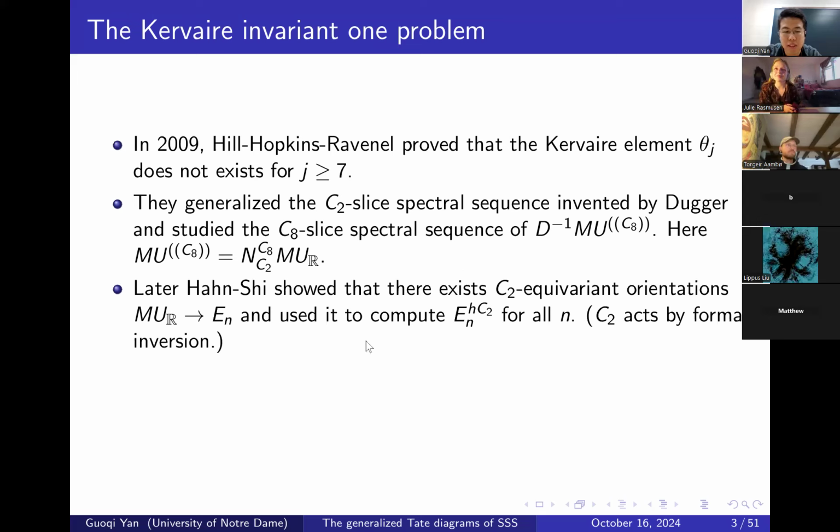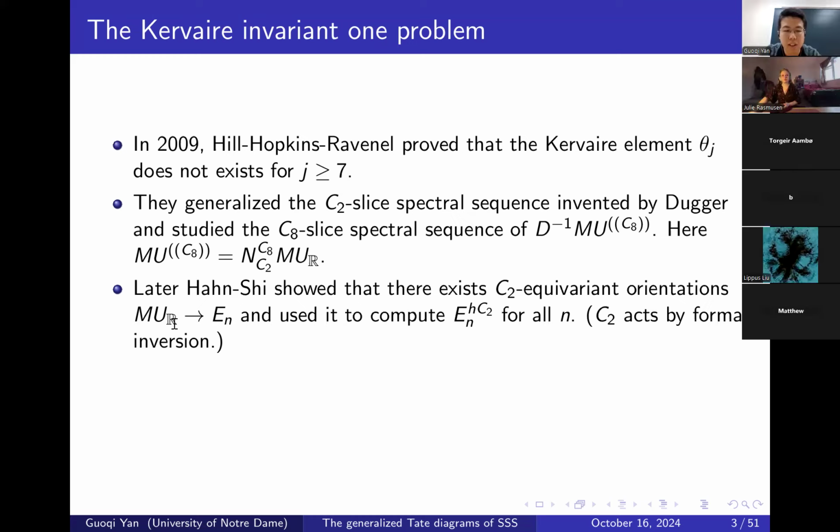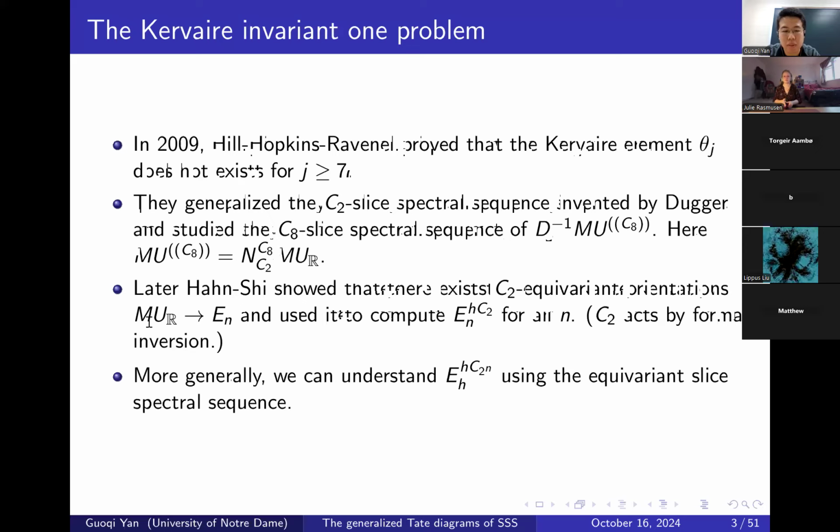And later, Hahn and Shi showed that there are real orientations of the E theories by the real bordism theory. And we know that E theories are very hard to compute, but this orientation enables them to compute the C2 homotopy fixed points of E theory for all heights, because the slice spectral sequence on the left-hand side is much easier to compute.